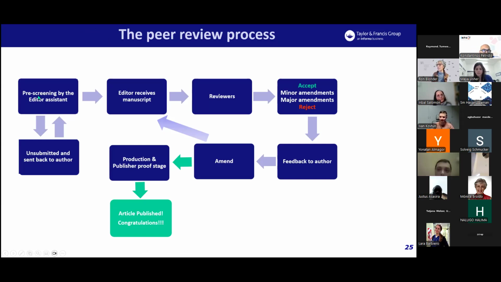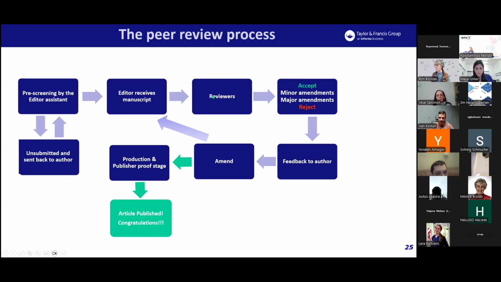Okay, we start here. We submit the paper. And then, after all the pre-screening check by the editor assistant, like what Inbal described, the editor receives the manuscript. The editor reads the manuscript and decides who will be the best reviewers for the paper, according to previous work, according to papers that were cited in the paper, according to what she knows about the area.